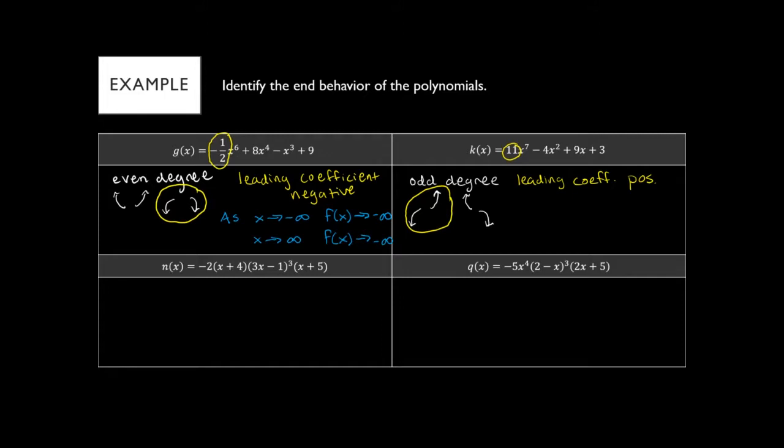And so we've just identified the end behavior. And we would say as x goes to negative infinity, we can also fill in the other one, positive infinity. So the left side is going down, so f of x goes to negative infinity. The right side is going up, so f of x is going to positive infinity.